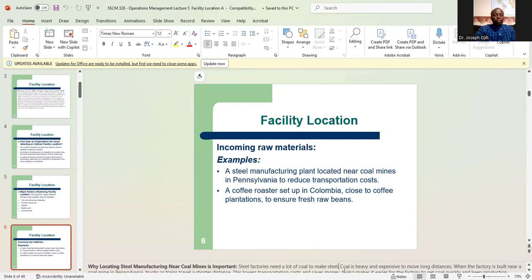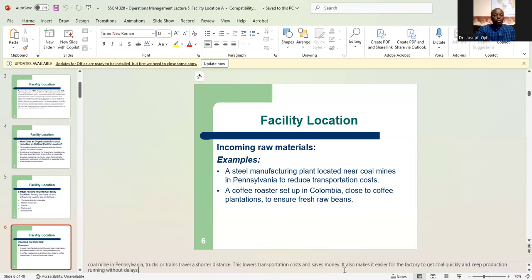And if the factory is located in an area that is far from where they can have access to enough coal, it will be very expensive to move coal to the factory. So when a factory is built near a coal mine in Pennsylvania, for example, trucks or trains travel shorter distances to the coal mine. This lowers transportation costs and saves money. Not only that, it makes it easier for the factory to get coal quickly and keep production going.